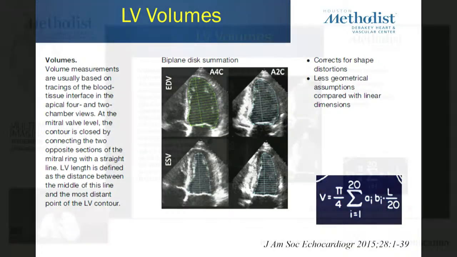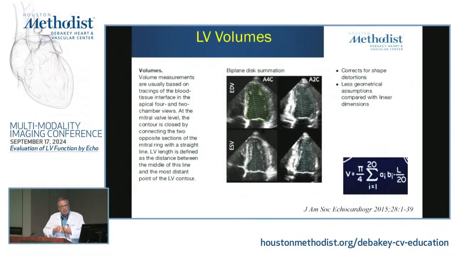Now, having said all that, the best way to really know if a left ventricle is dilated or normal is through volumes. That's really ideally what we would like to do as often as possible. And to this day, although there are some newer tools that we're going to discuss in a minute, the method of discs is still the standard that we recommend.